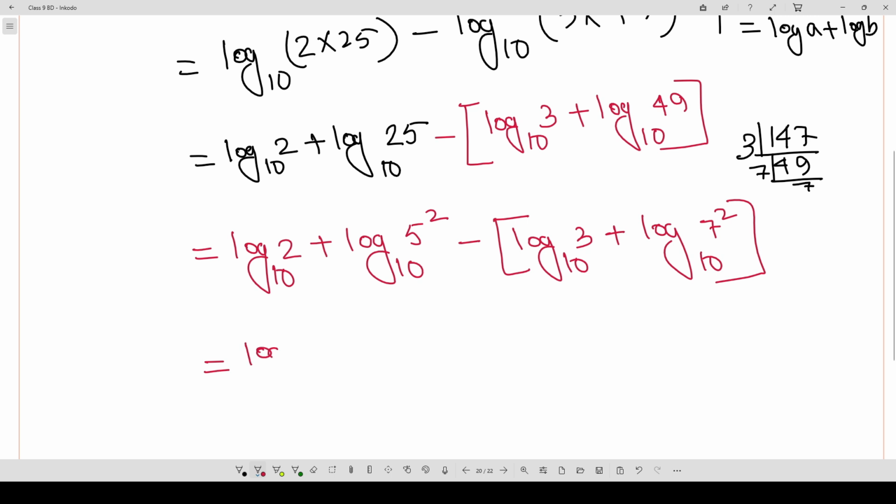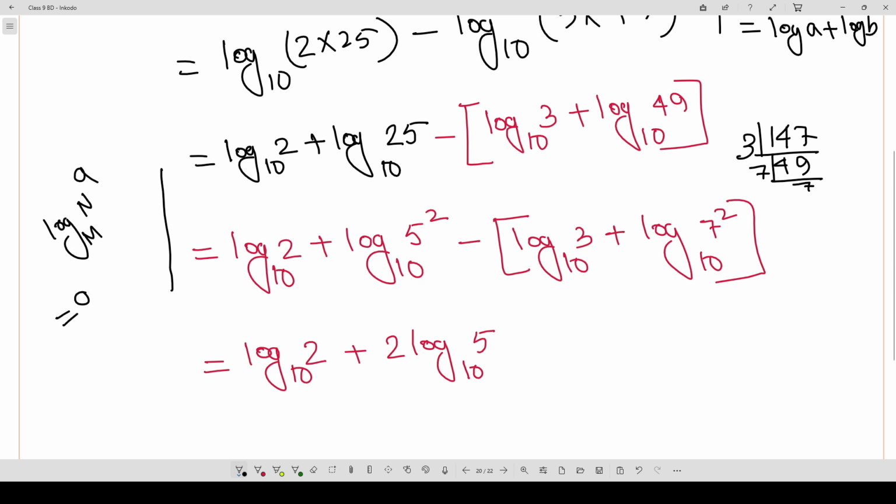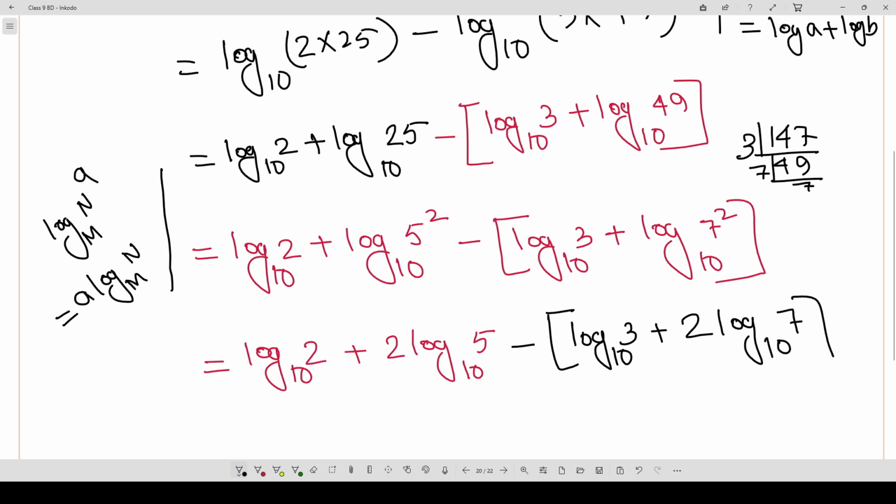Next, log 10 base 2 plus these two will come in front, like 2 log 10 base 5. How? We already discussed this one, like log m base n a. So a will be in front, then log m base n. Now minus bracket will continue, log 10 base 3 plus these two will come in front, so 2 log 10 base 7.